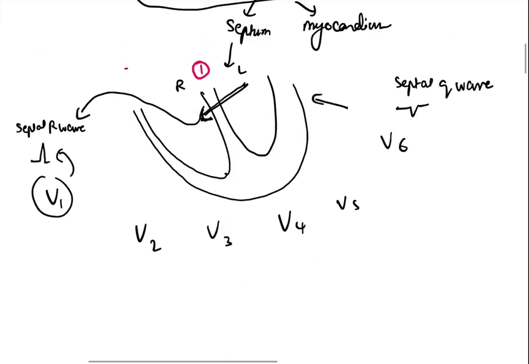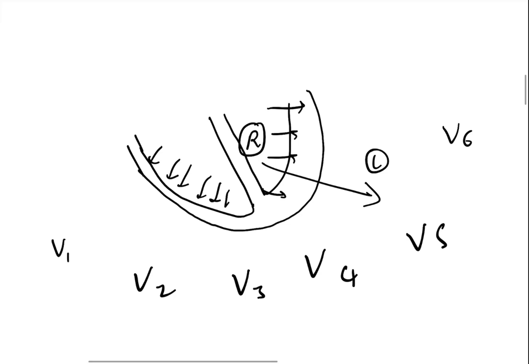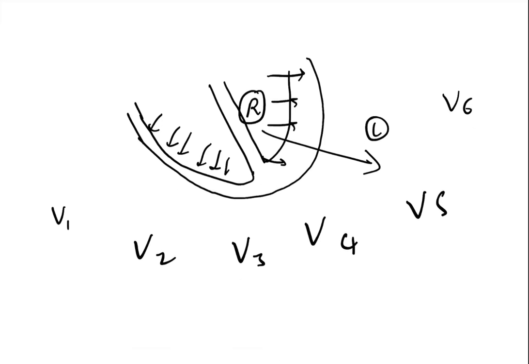So in septal depolarization, it was left to right. Whereas when the ventricular myocardium gets depolarized, the total vector, the total direction, is from right to left, right? Since the current of depolarization is facing away from V1, you get a negative wave. So first we got a septal R wave, and then since the current of depolarization is towards the left, away from lead V1, you get an S wave.